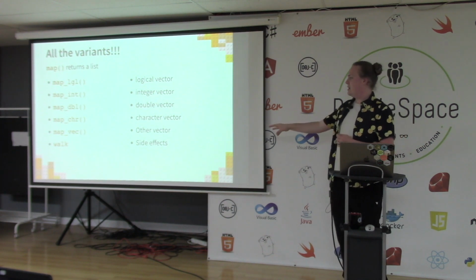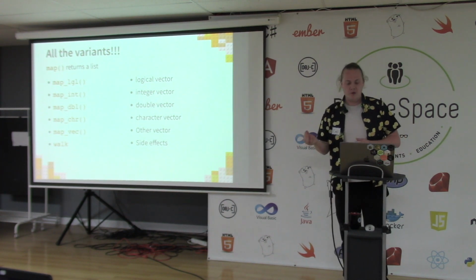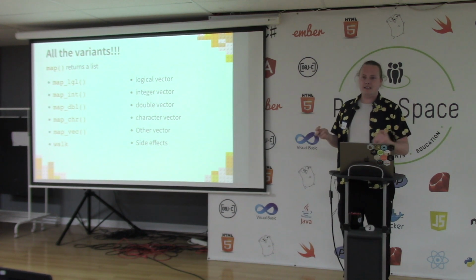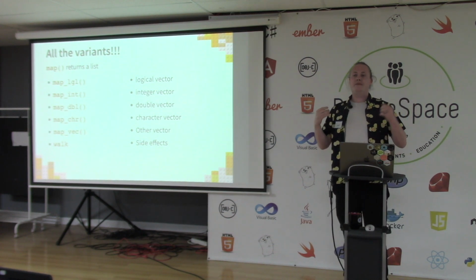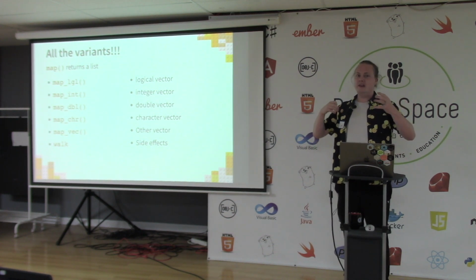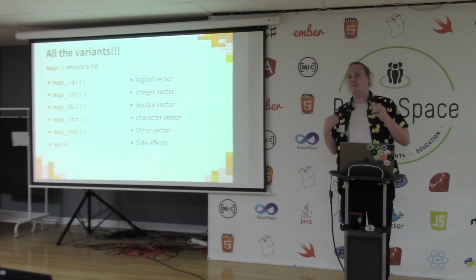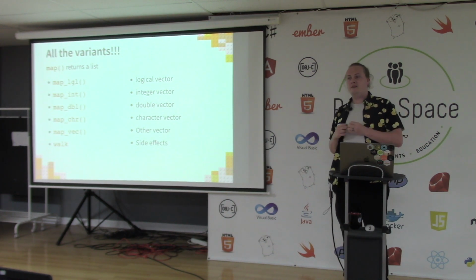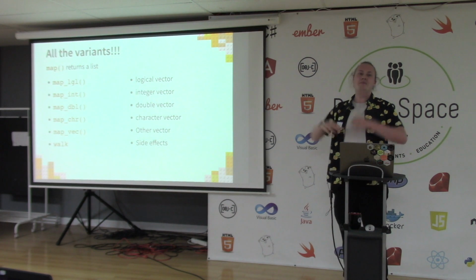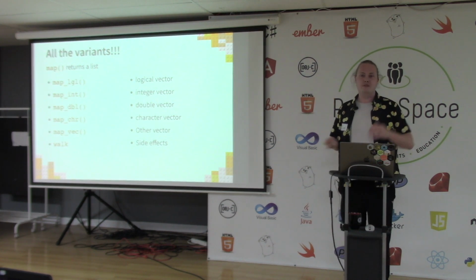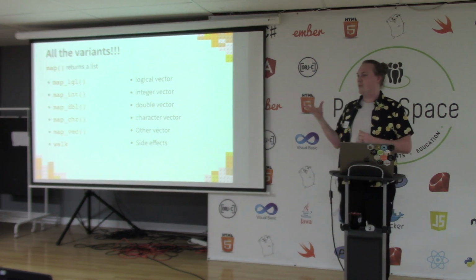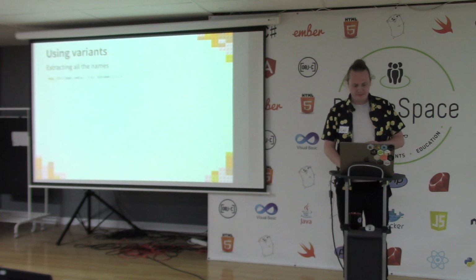And last, at the bottom, we have the walk function, which will return side effects, meaning things that don't change anything in the environment. It could be writing to a file, or sending a message, like printing stuff to the screen. I'll have examples of why that is sometimes useful.